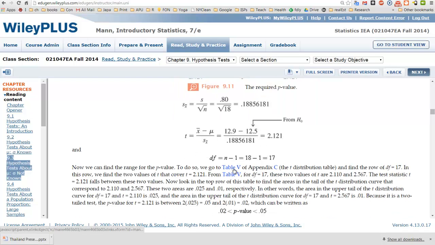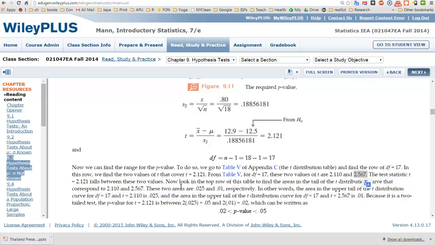We go to the table. It's table 5 in this case because it's the t-table. In this row we find it. So you look it up and you find that we have to estimate it's between this one and this one. So the test statistic 2.121 falls between these two values.